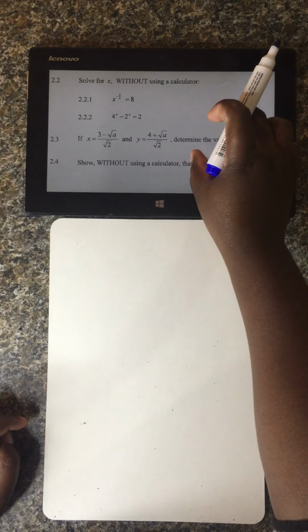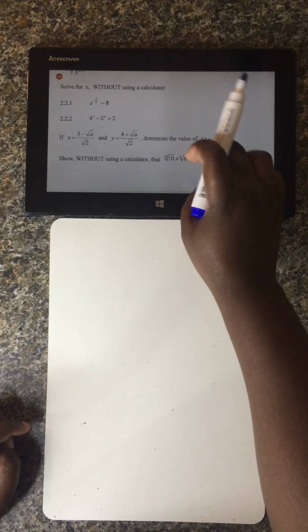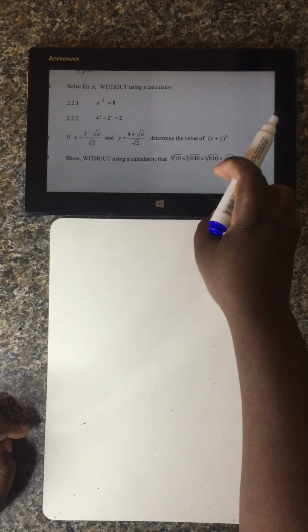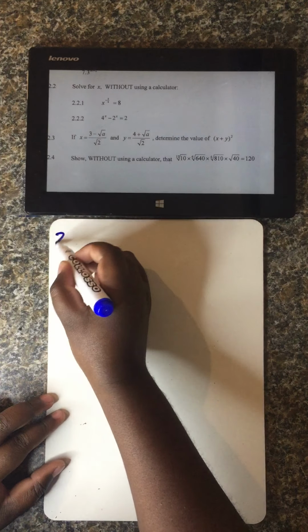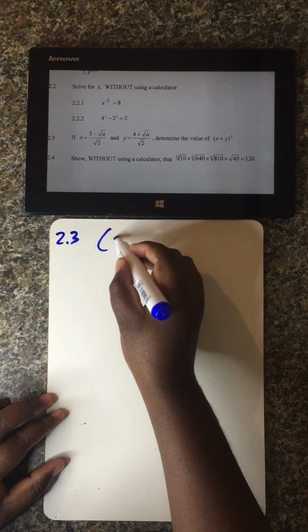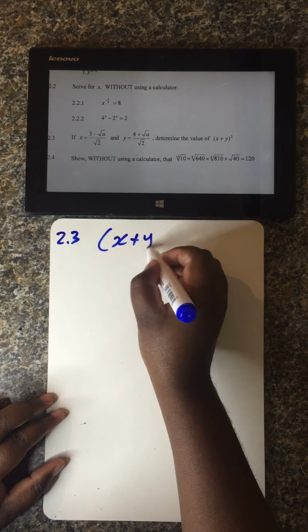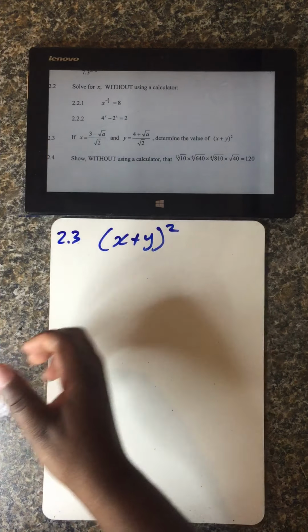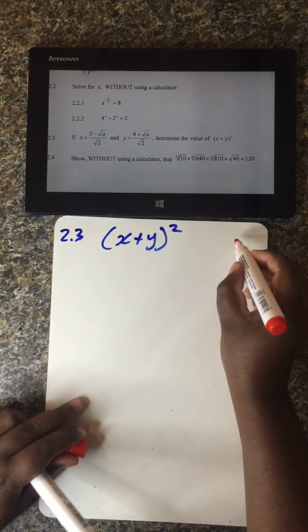This question paper is posted on my Telegram channel. You can easily access it. This question is allocated 3 marks. So question 2.3, they want you to determine the value of (x + y) squared. This question is allocated 3 marks.